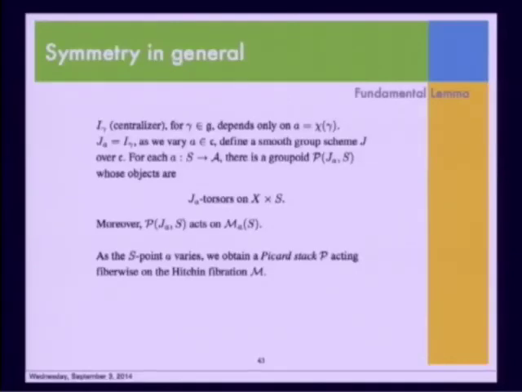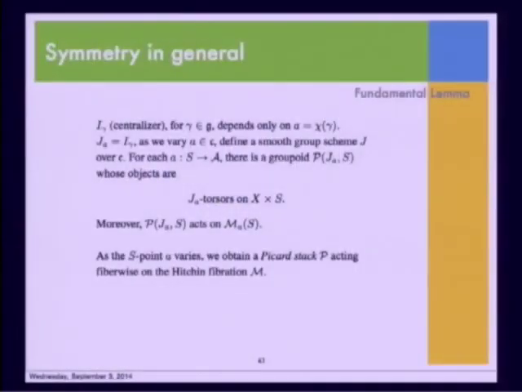The centralizers are the same for the group and for the endoscopic group, and so we can pass this information about centralizers back and forth between the group and the endoscopic group. It's always a good idea to use symmetries when studying something, but in this case there are particularly good reasons, and that is that these symmetry groups pass back and forth between the group and the endoscopic group. So whatever information we can encode in terms of the symmetry group is information that we can pass between the two sides of the identities that we're trying to prove.